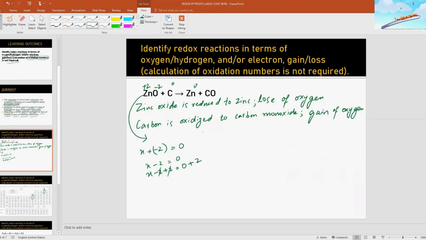So the change is reduction, because we get 0 when -2 is added to Zn +2. Zinc has gained 2 electrons.